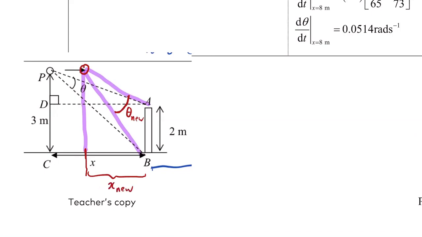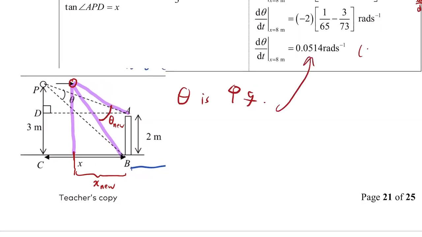Is the theta new bigger or smaller? Bigger, right? Okay. I was wrong. Sorry. It looks bigger. So it makes sense that the theta is increasing. Theta is increasing. That's why it's positive. Sorry for the confusion. I thought it was decreasing.